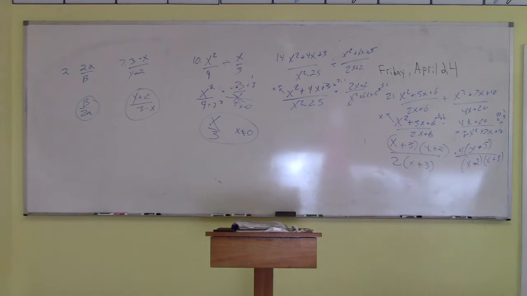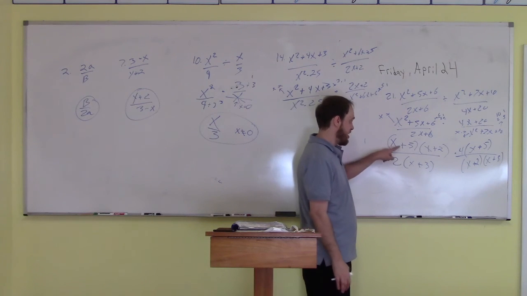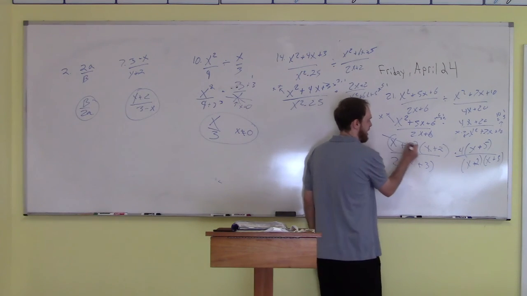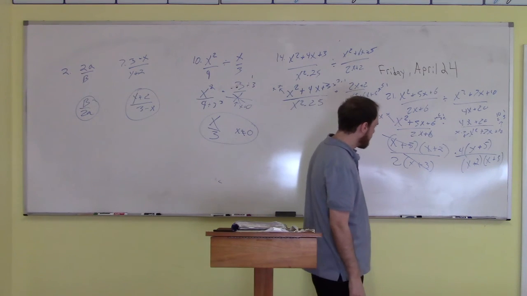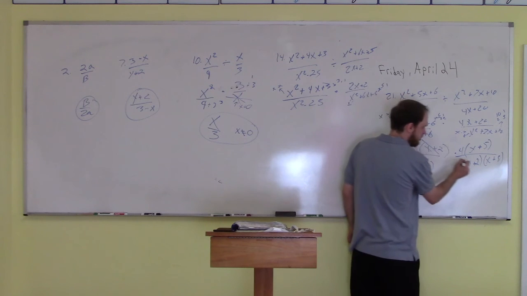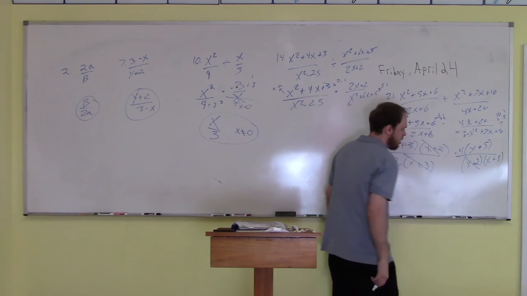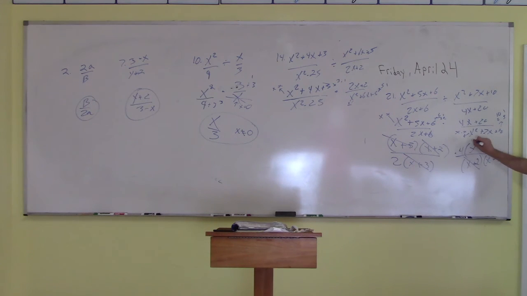And so now I'm going to see what cancels. I'm going to look at it, okay, I have an x plus 3, that cancels. I have an x plus 2 here, that cancels. An x plus 5 cancels.